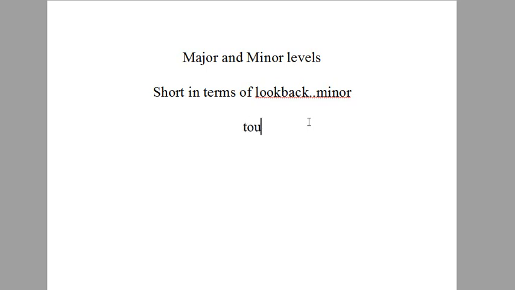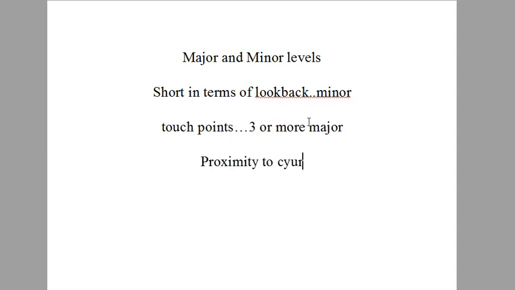So again, the touch points, typically you start getting 3 touch points or more, we'll make it major. A big one, again, is the proximity to current price, because how actionable it is is a huge factor of being major or minor.